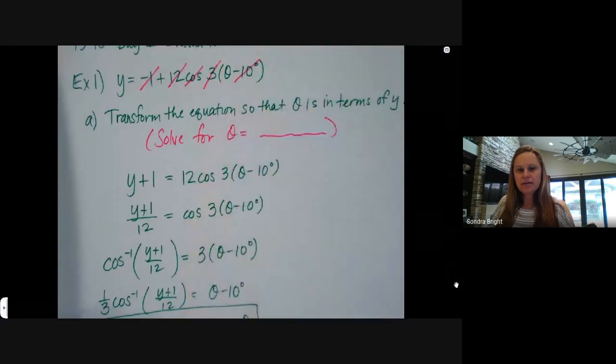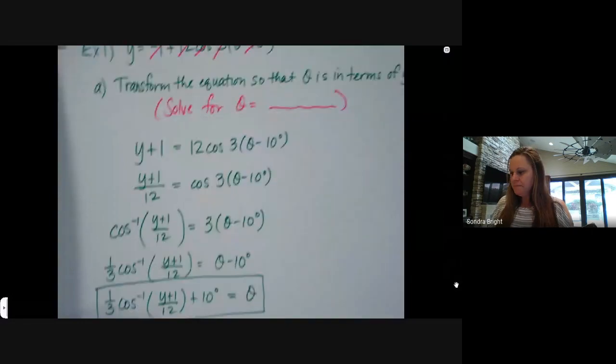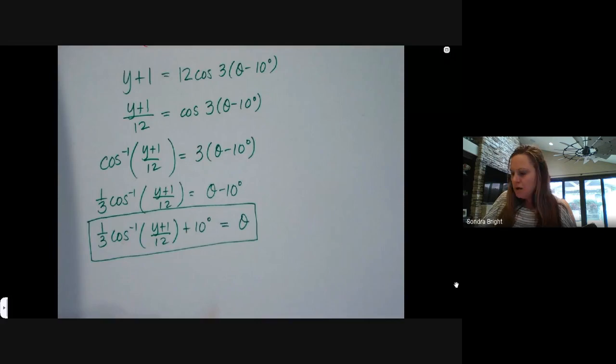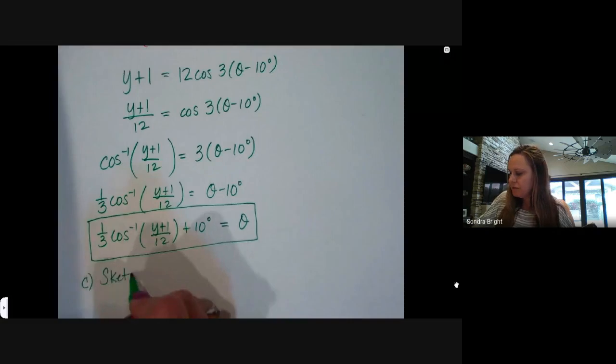So that's part A. In the book, it's going to ask you next, part B, to find the first positive value of theta for which y is 5. What I'm going to do is I'm going to do part C first because I think it'll make more sense. Part C, what we're going to do is sketch the graph of the given function.